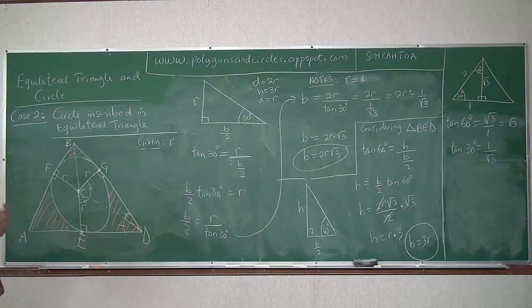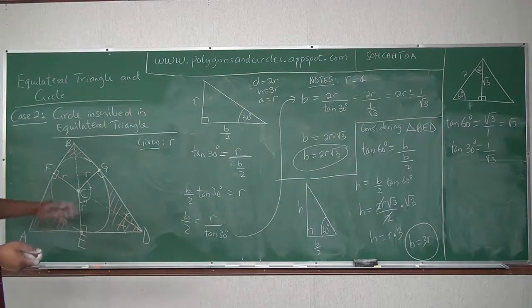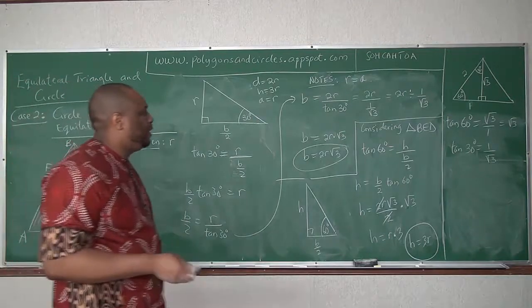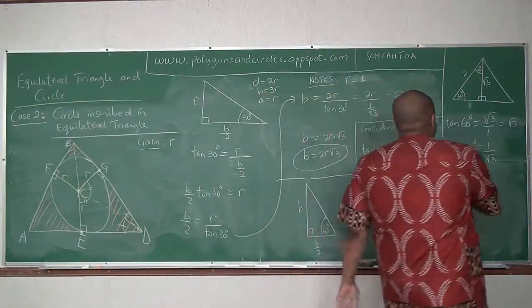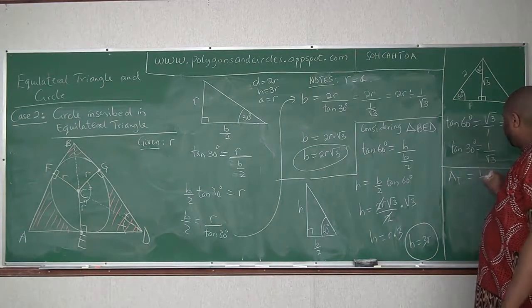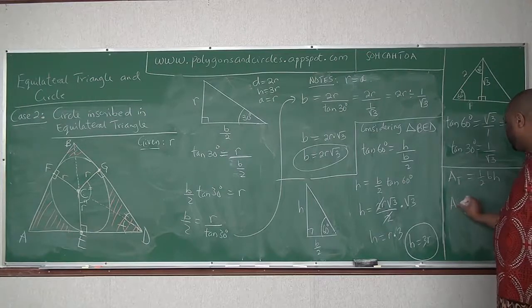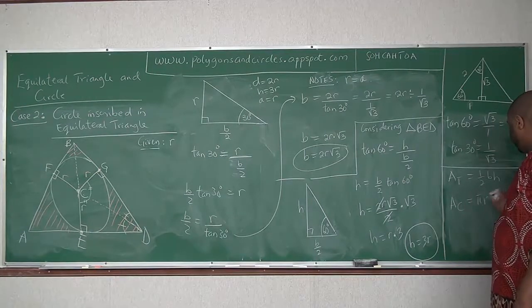We found almost everything. Now, the area of the triangle and the area of the circle, the same way we did the previous one. Area of the triangle is half base times height. Area of the circle is pi r squared.